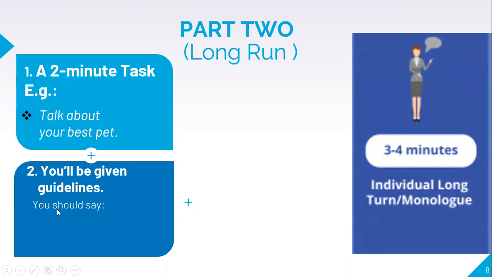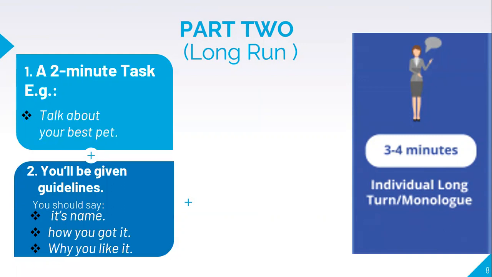Now, your guidelines will very often start with this phrase: You should say, and it follows. So what should you say? Here come the guidelines. You should say, because you're talking about your pet, don't forget it's about your pet. So they're giving you this task. And with this task comes a list of guidelines trying to guide you through what you should say in the 2 minutes.